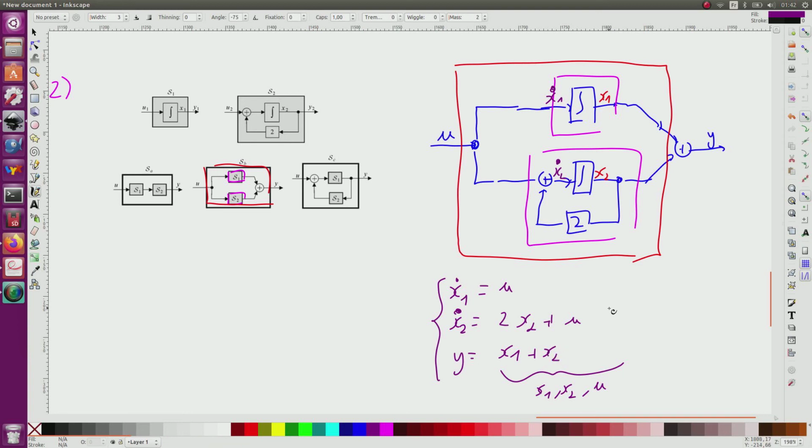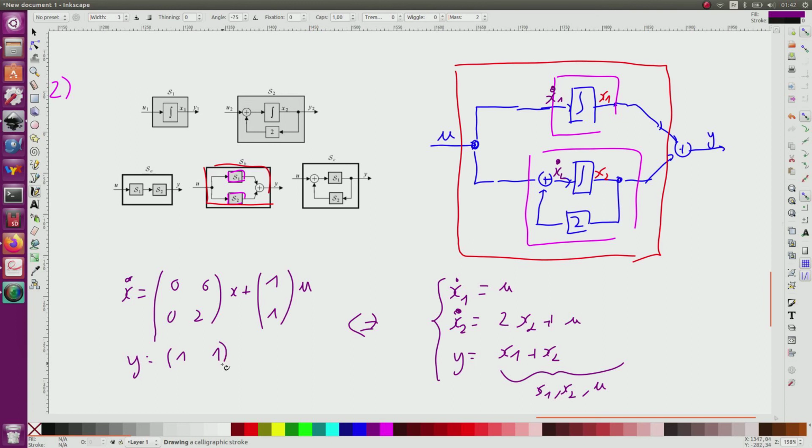So it is the state representation, which is equivalent in a matrix form to say that x dot equal to 0, 0, 0, 2, so due to this 2 here, x plus 1, 1 u, and y equal to 1, 1 x.